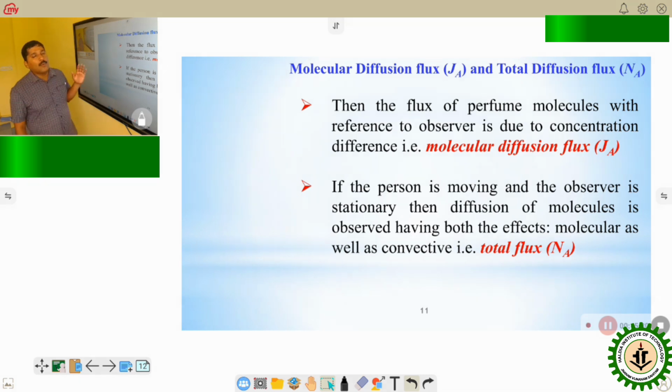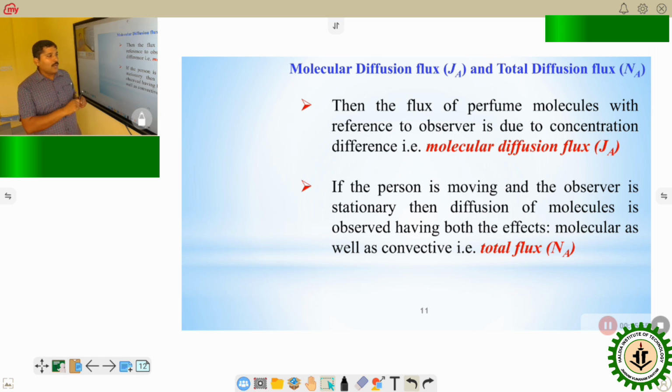Now, two terms mainly we will use here. One is the molecular diffusion flux, represented by J with suffix capital A. Another one is the total flux, when we are considering the convective flux. If the person is moving and the observer is stationary, then the diffusion of molecules is observed having both the effects of molecular flux as well as convective flux.